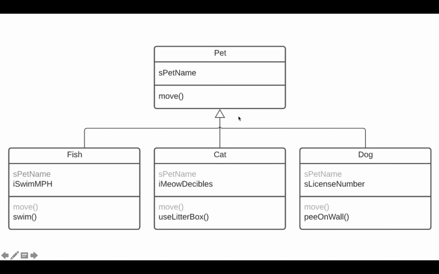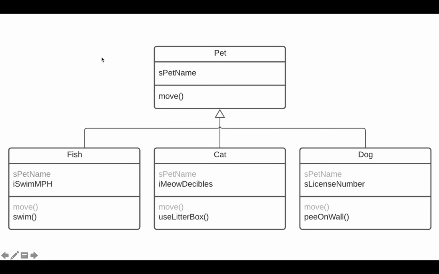Now, this isn't an accurate diagram, but I put in the stuff in light gray just to emphasize the idea that if we have fish that are children of pets, in this example, at least in terms of software, they are going to inherit the property of, or an attribute of, a pet name, and it's going to inherit the method or the behavior of moving, and then it's going to add in some additional things.